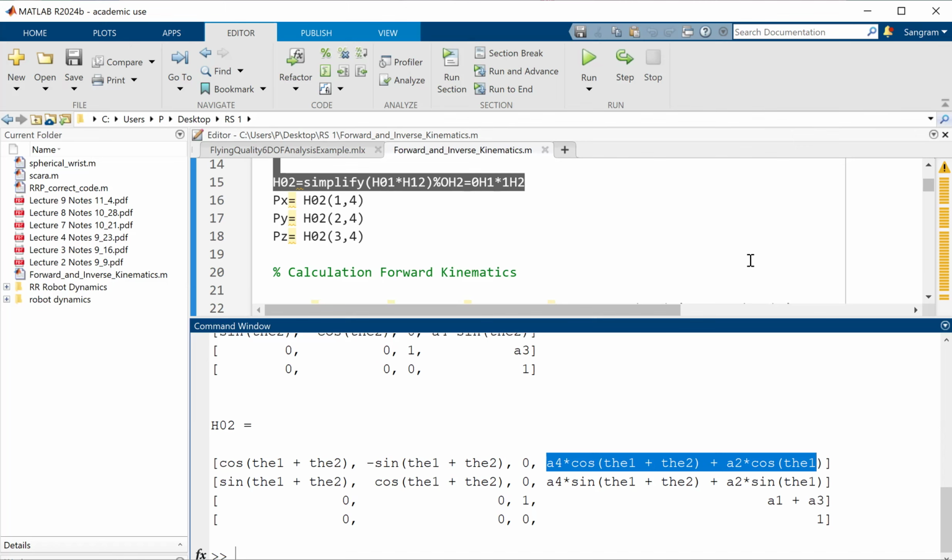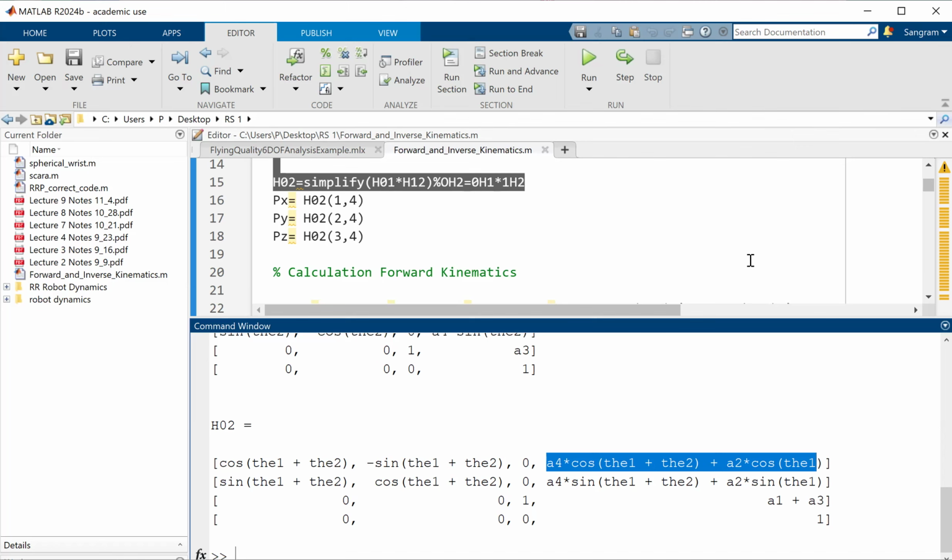Simplify, and represent cosine and sine into their equivalent tangent theta by 2 terms. And that gives you a very complicated quadratic equation that you have to solve to find the values. If you use MATLAB, MATLAB has built-in solvers which will solve this equation numerically very quickly.